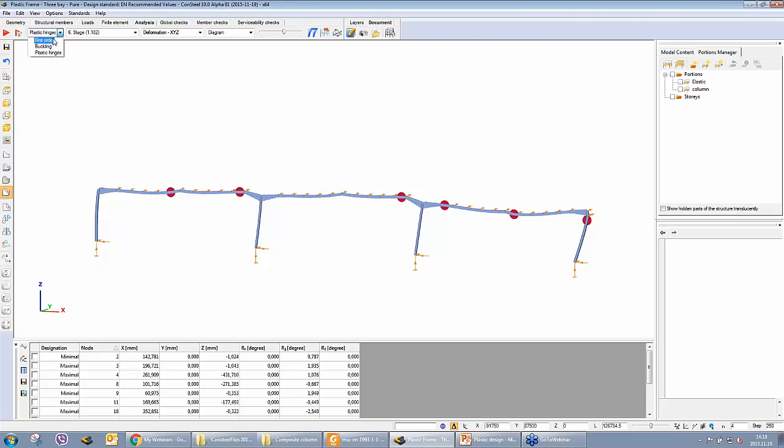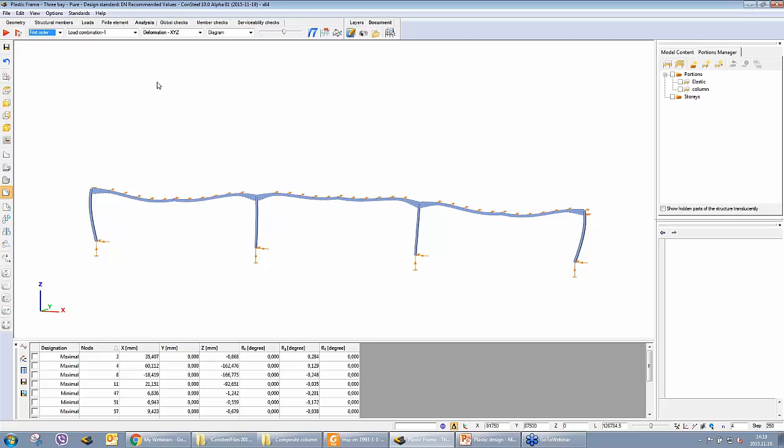So in this case, the design is completely the same as if we had an elastic design, because at the design load level we have a purely elastic state of our model. So in the design we do not have to use the stable length approach, just the reduction factors for stability.